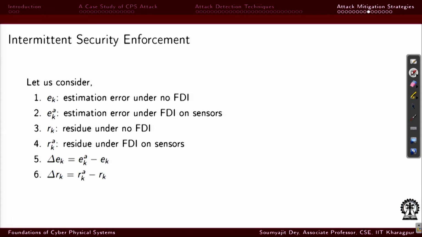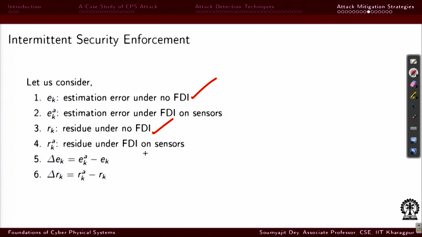We are trying to figure out the estimation error when there is no FDI, and when there is false data injection we want to derive a formula that tells us the estimation error under FDI, and similarly the residue under no false data injection attack and the residue when there are FDIs on the sensors.